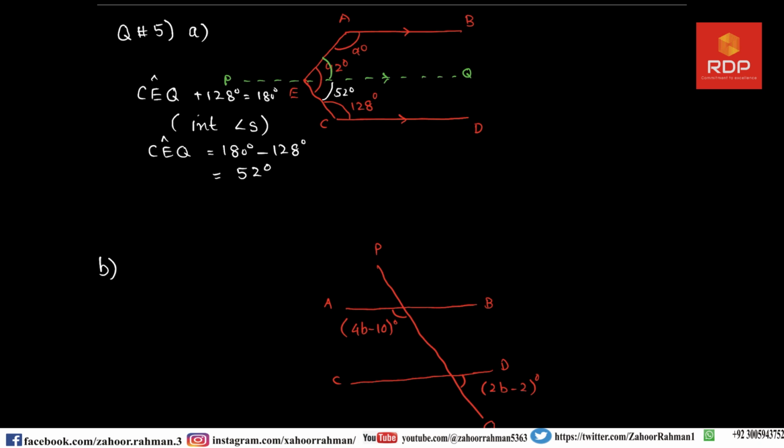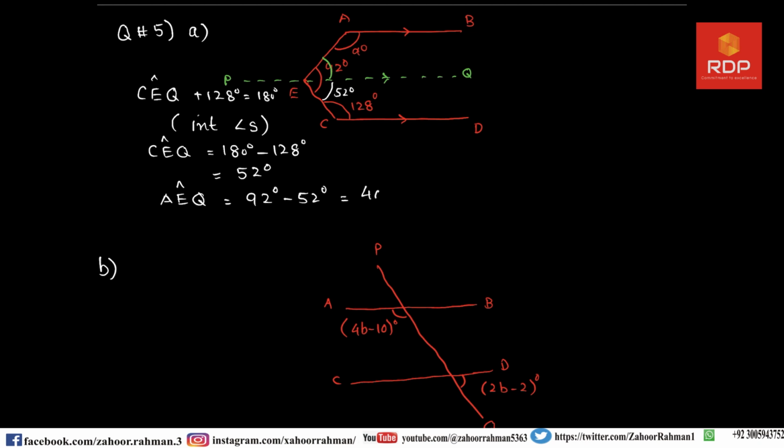so we have to subtract this 52 from 92, and then we will be able to find the value of A. So let us say AEQ. We have to find AEQ, that will be equal to 92 degrees minus 52 degrees, and that will be equal to 40 degrees.